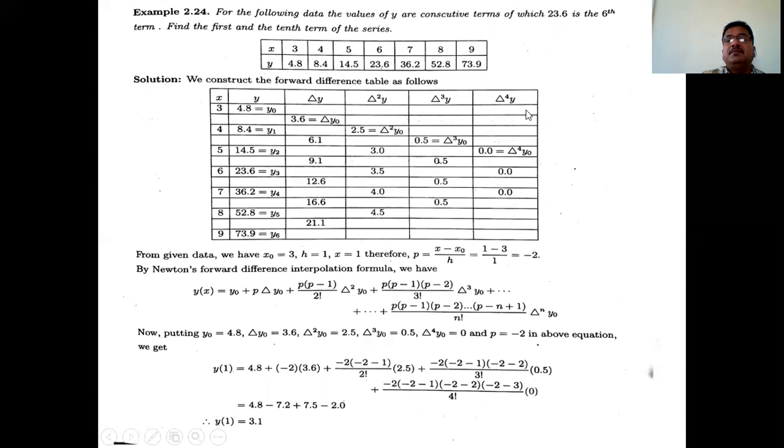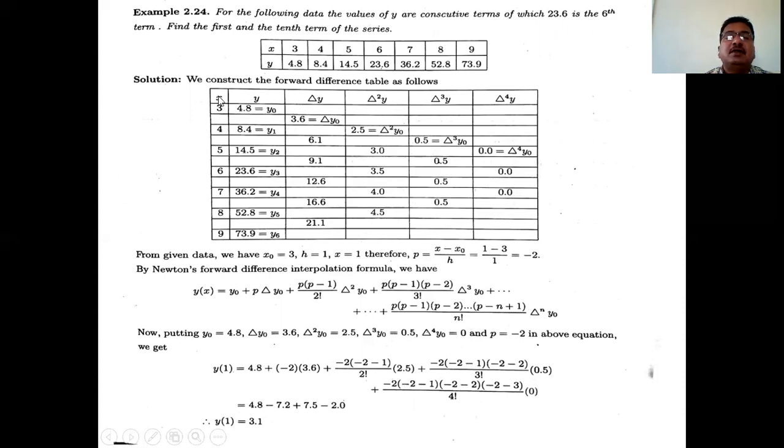But if at any stage all the entries in a column are the same, there is no need to find further columns. Here the entries in the third column are constants, so there is no need to find the further columns of the table.